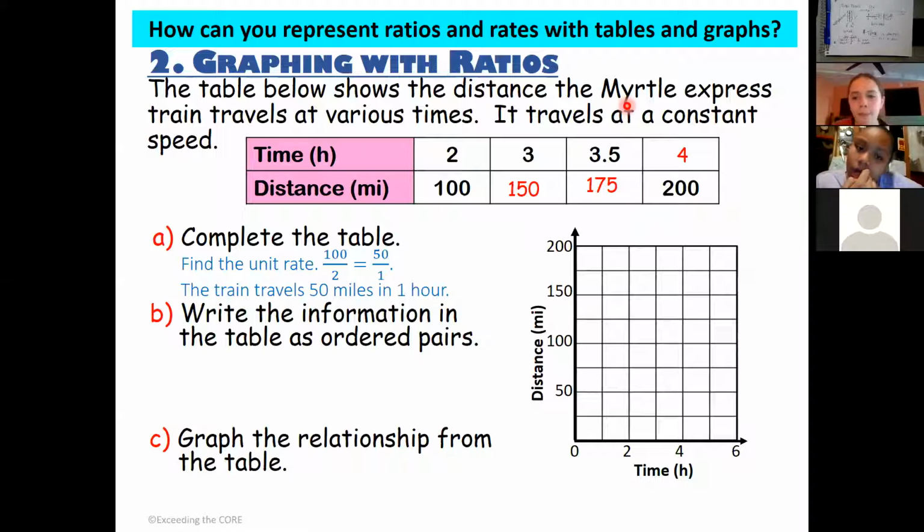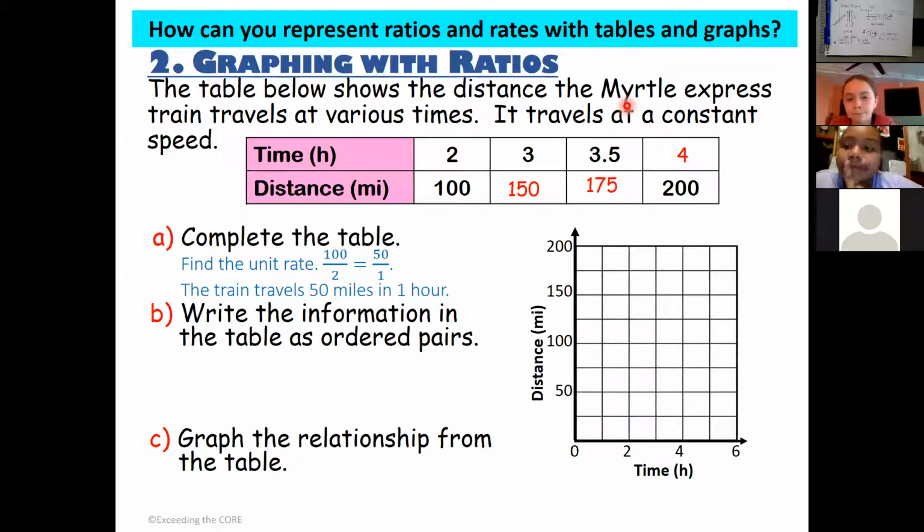Excellent. Why would you add half of 50? Because 50 is what you're adding each time for 1 hour. And she's saying that the 0.5 means that it's half an hour. So if she took half of that hour, that would take it from 50 to 25.